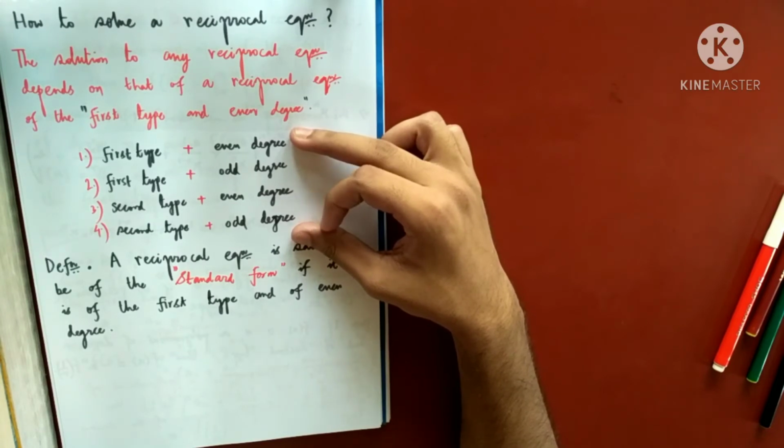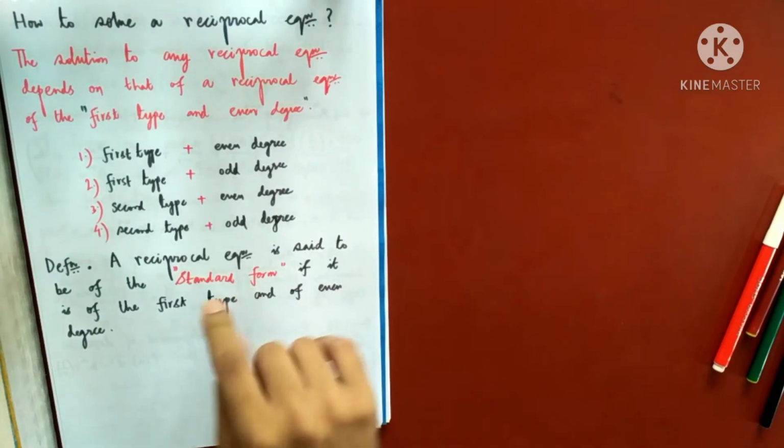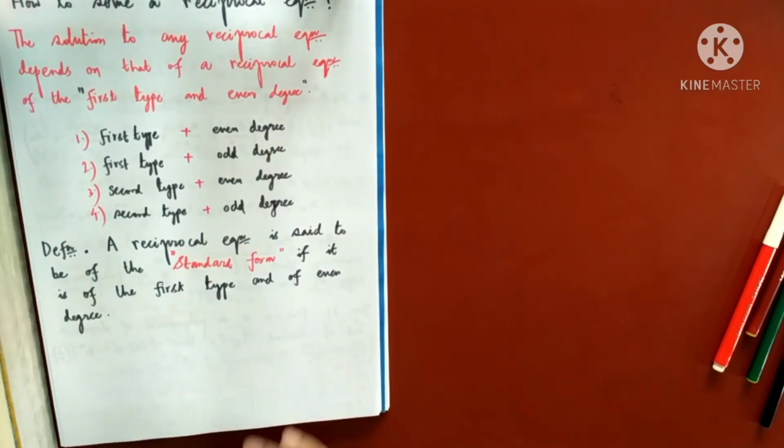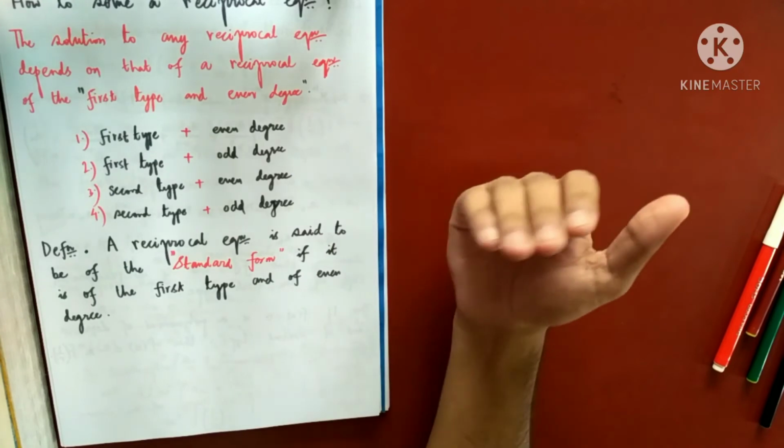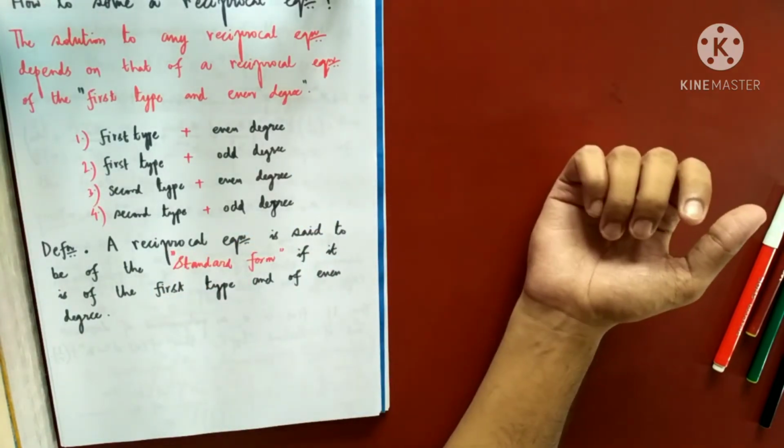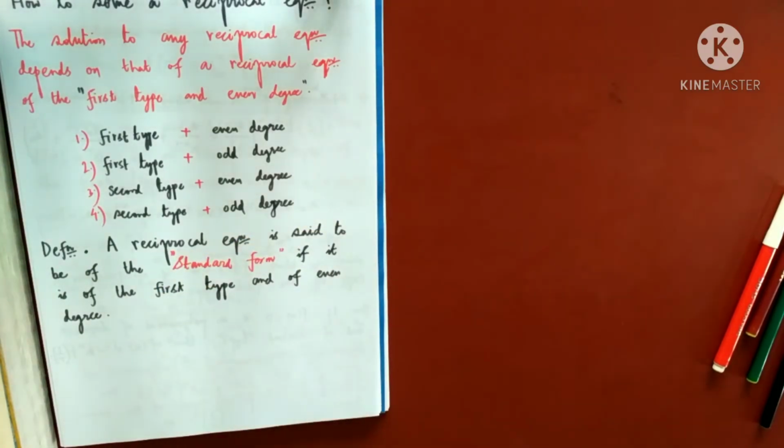After a few steps, you always convert this into the standard form, that is, into a reciprocal equation of first type and of even degree. Okay, and then we will answer how to solve a reciprocal equation in the standard form. That is the last question to answer.